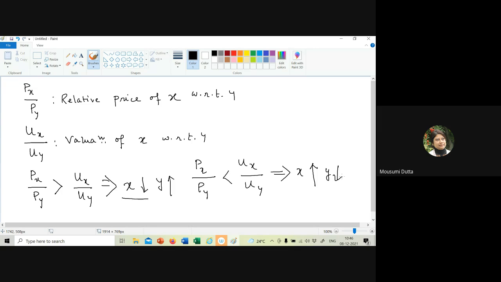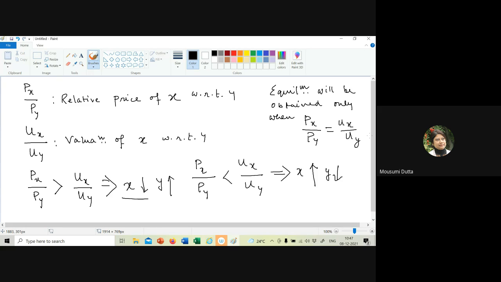So this logic is indicating equilibrium will be obtained only when Px by Py is equal to Ux by Uy.